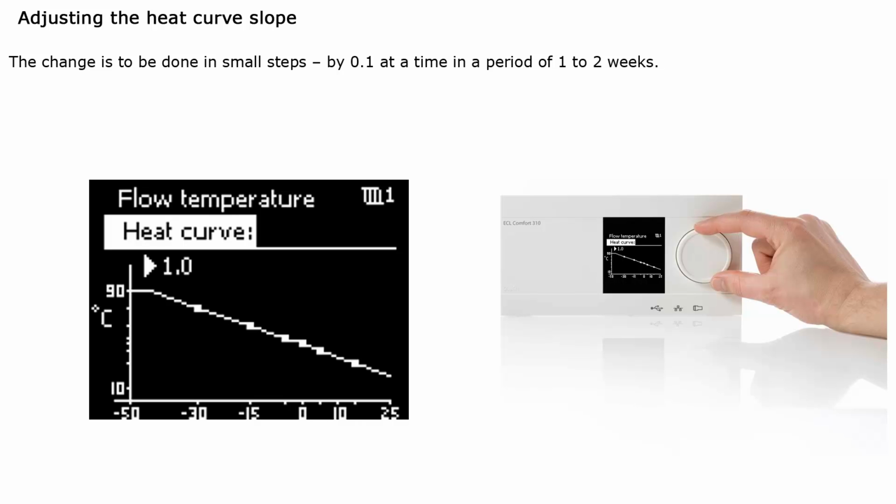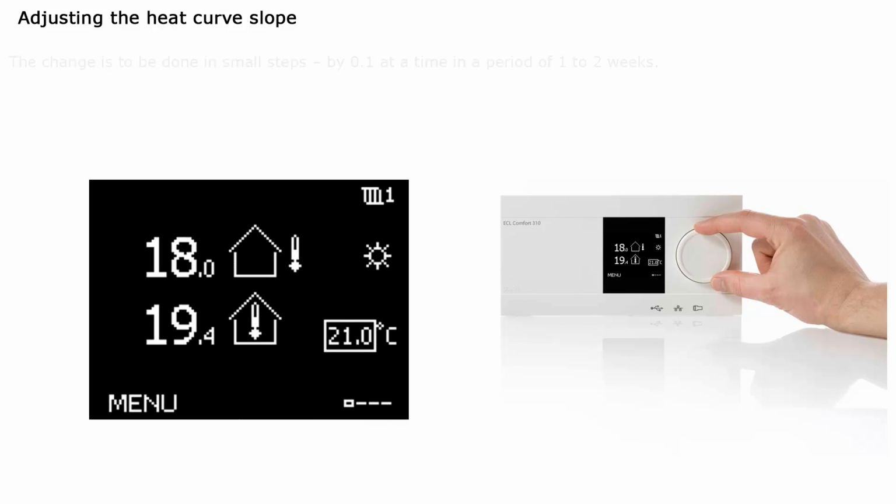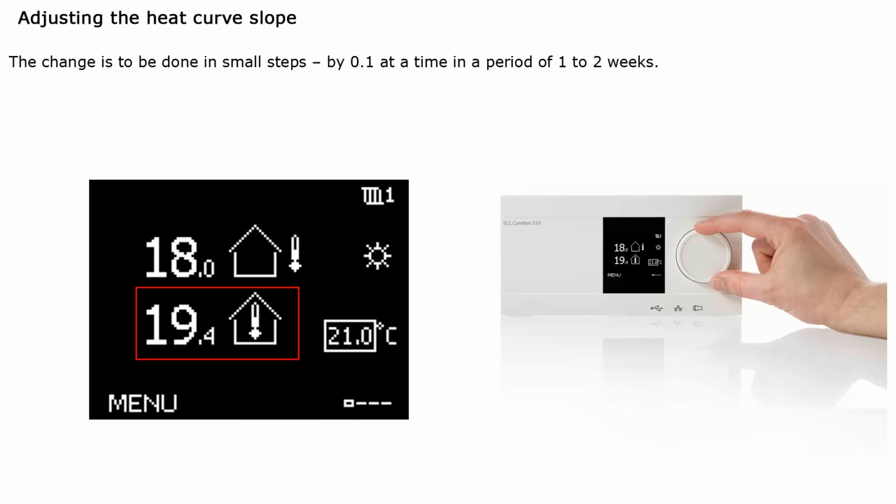The default value is 1.0. However, the change is advised to be done in small steps of 0.1 at a time in a period of 1 to 2 weeks. The desired room temperature also has influence on the flow temperature. For example, the flow temperature will be higher if the desired room temperature is increased.